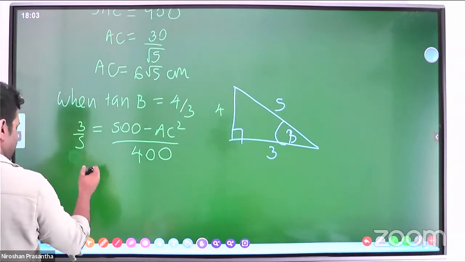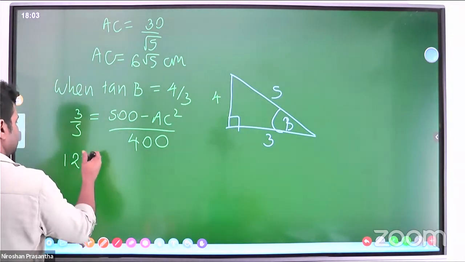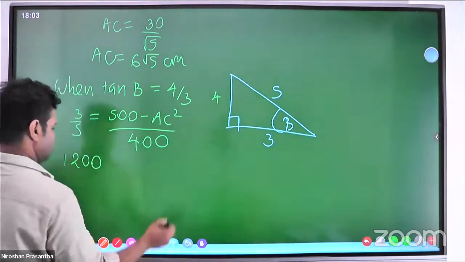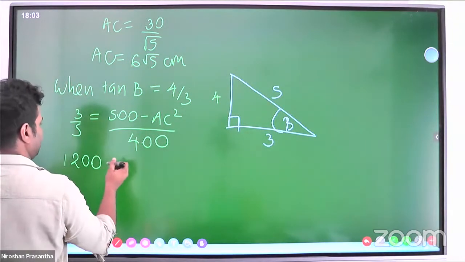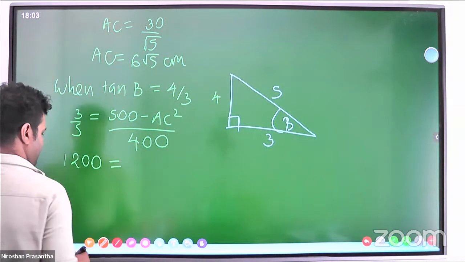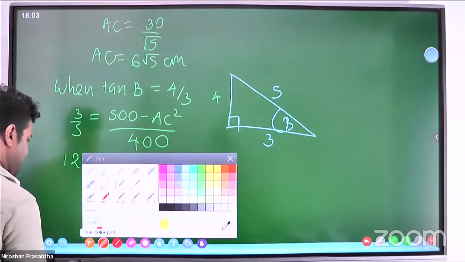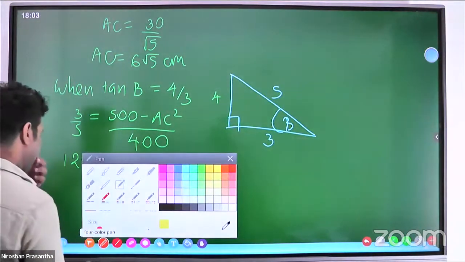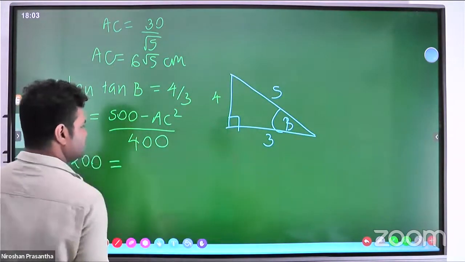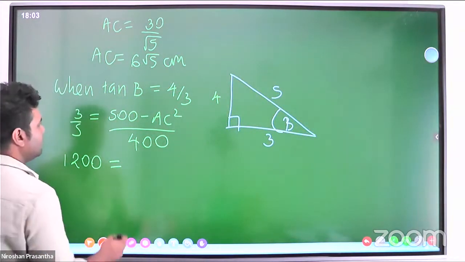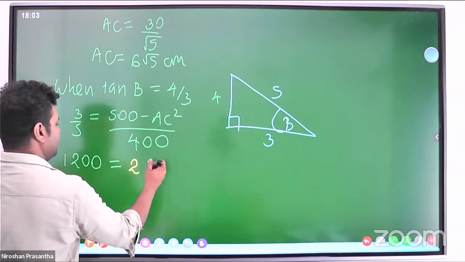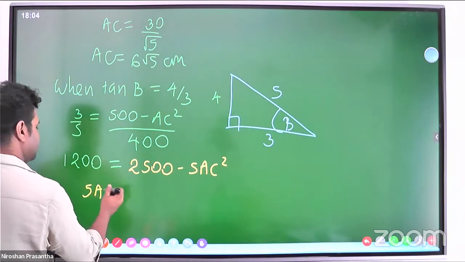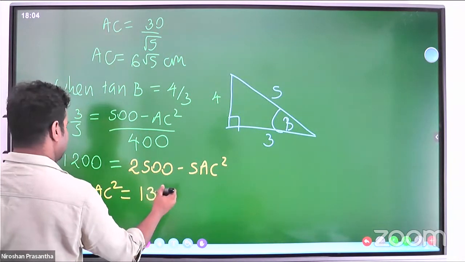This is 1200. And 2500 minus AC square. AC square is 1300 or something.